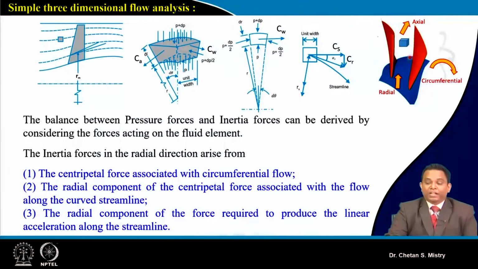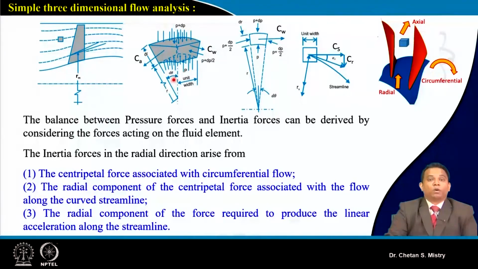If I select one element placed between these two blades, which may be a rotor blade or a stator blade, I will consider the control volume approach here. The same element we can represent here, having some radius r, and the elemental part has distance dr. This inclination we are considering as d theta.